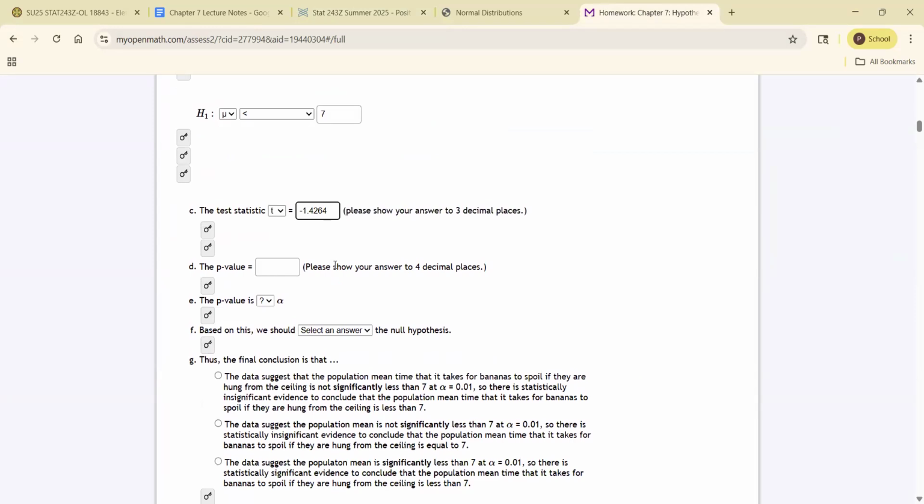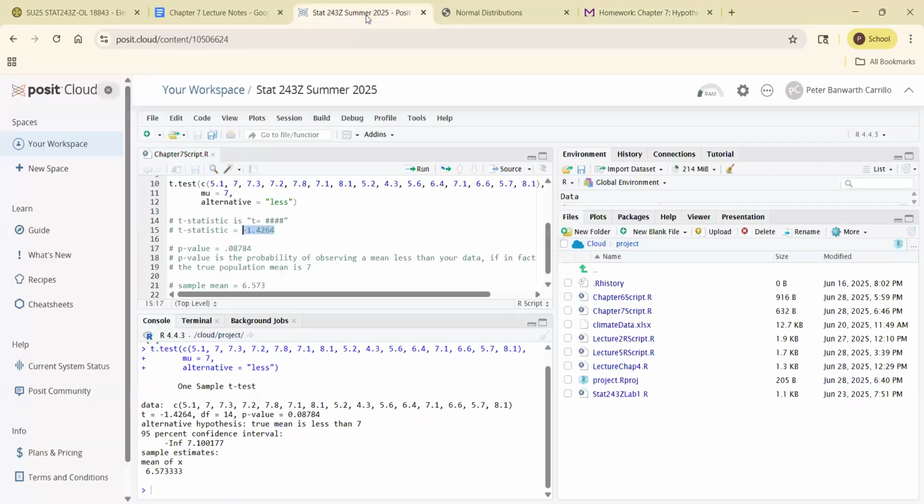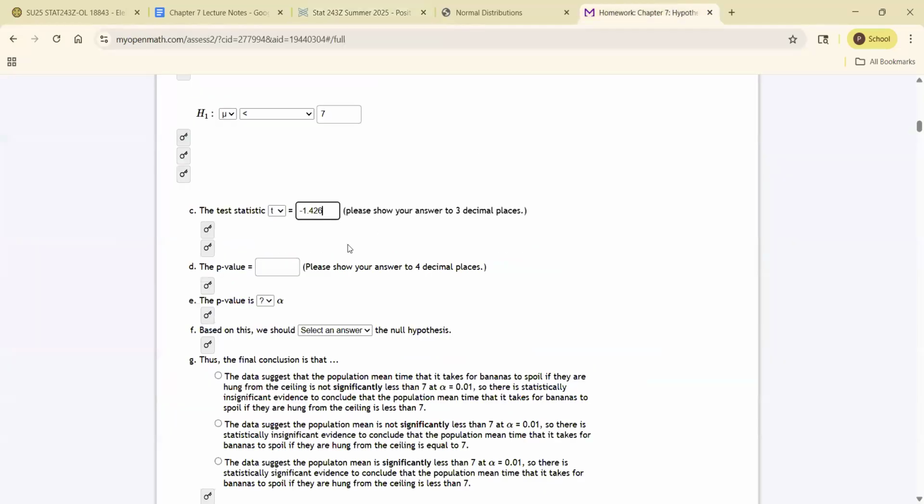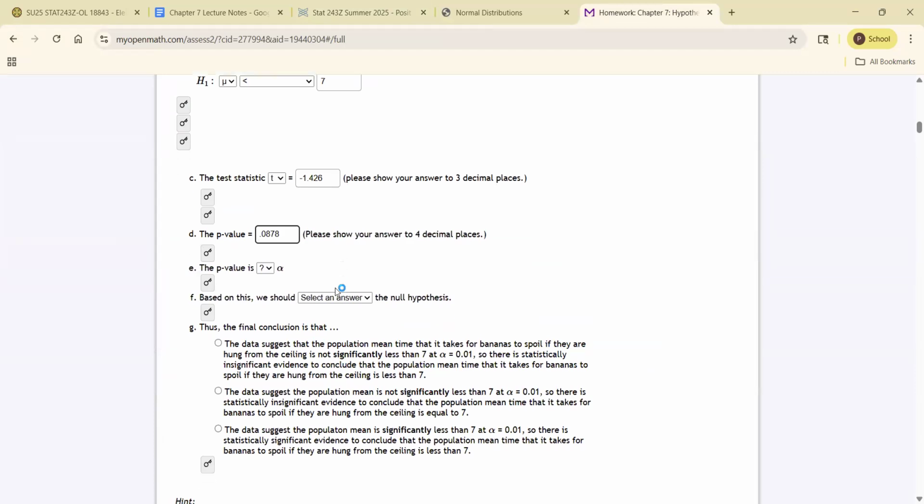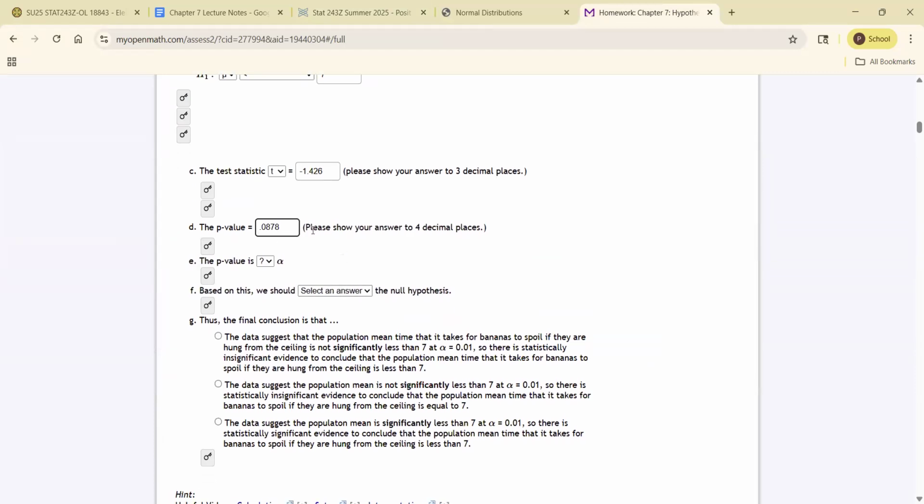Oh, and they want you to show your answer to 3 decimal places, so negative 1.426. The p-value is to 4 decimal places, which is here, 0.0878. That's the number crunching we have to do.